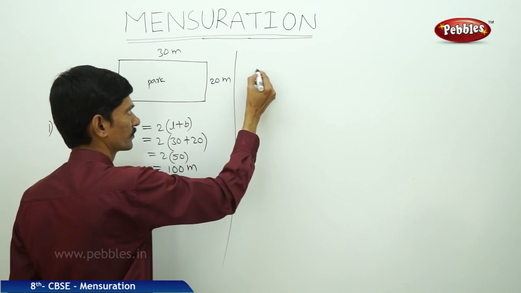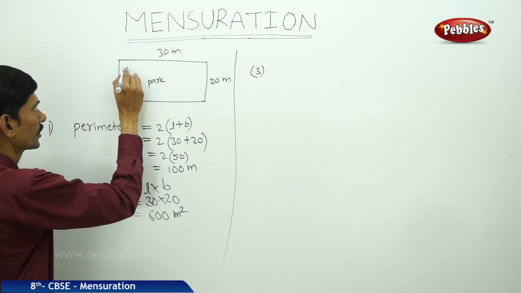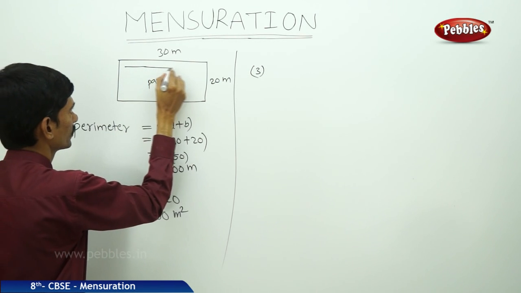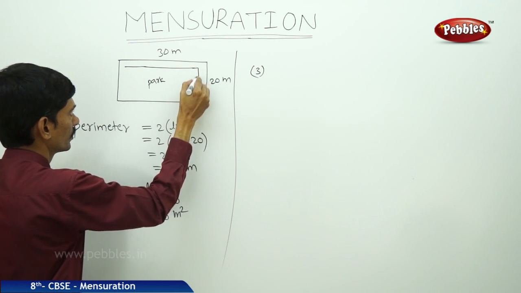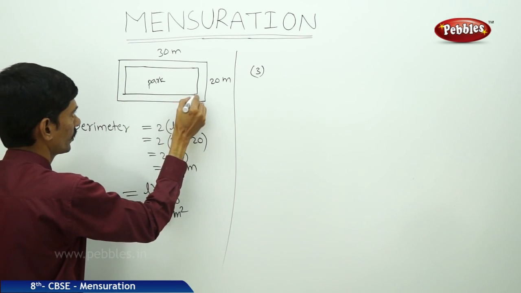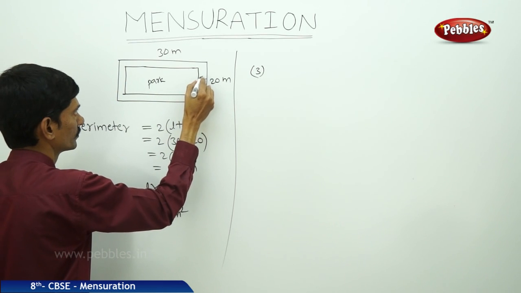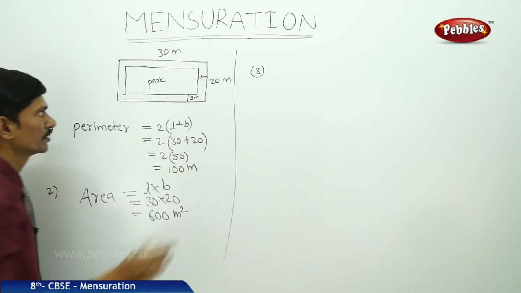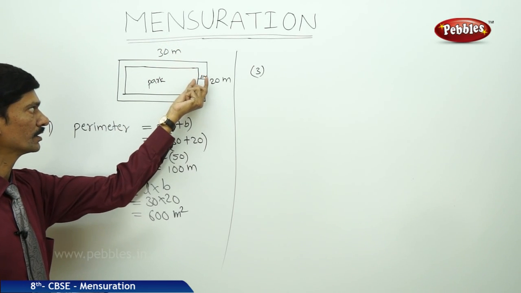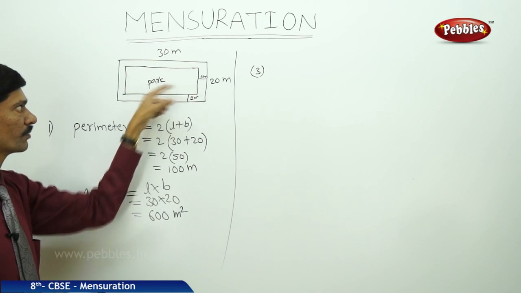Now in the next case, consider a rectangular path inside the park surrounding it, which has a uniform width of 1 meter and has to be cemented. This is a rectangular path of uniform width 1 meter along the boundary inside this park.